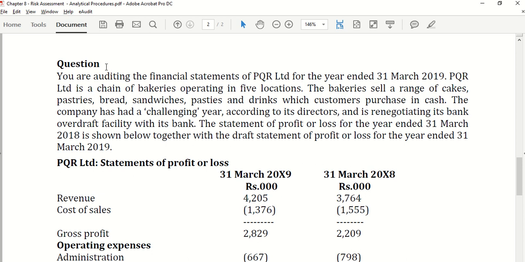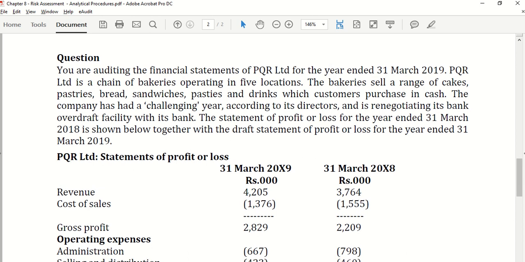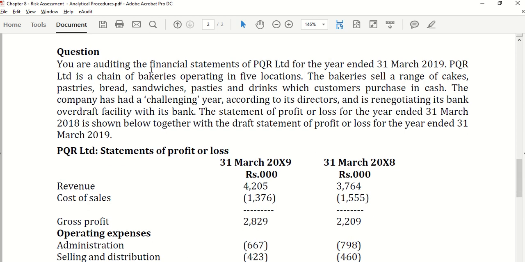Okay, you can read the question. You're auditing the financial statements of PQR Limited for the year ended 31st March 2019. PQR Limited is a chain of bakery operations in 5 locations. The bakeries sell a range of cakes, pastries, bread, sandwiches, pasties and drinks which customers purchase in cash. The company had a challenging year.